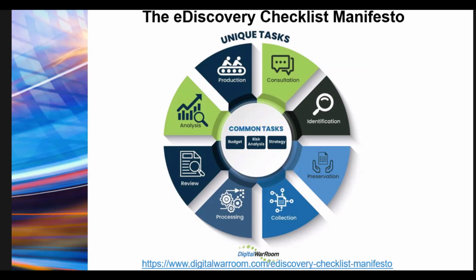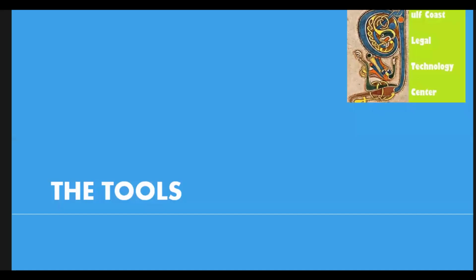And we took some of those steps and put them into a wheel and made it obvious that it is more iterative, or you can jump back and forth between some of these. This checklist manifesto is on the website listed here, and you can, again, click on any of those individual sections that mirror the EDRM sections and get a checklist of tasks that you might want to use to consider how to work there.